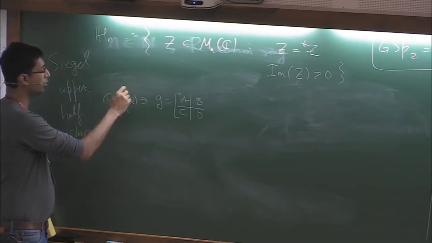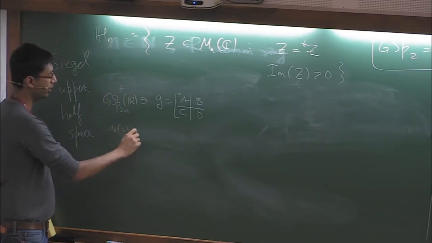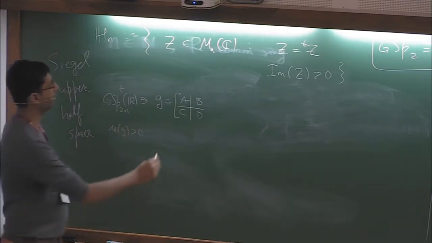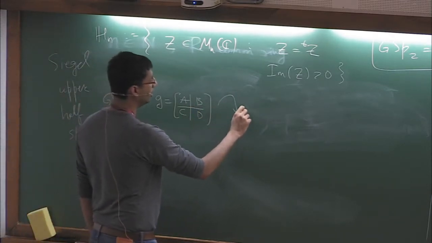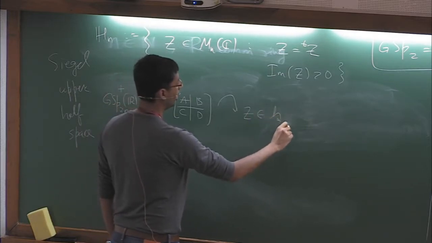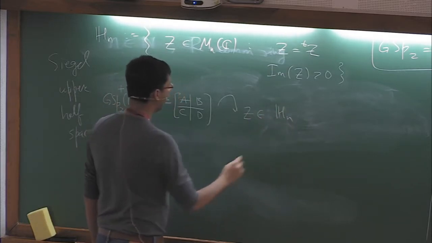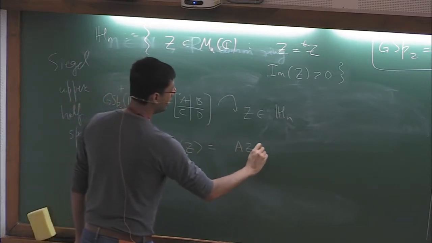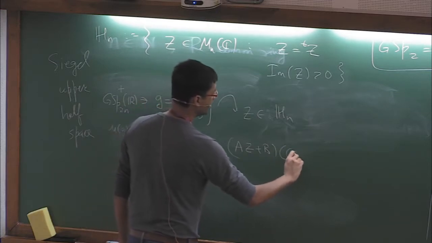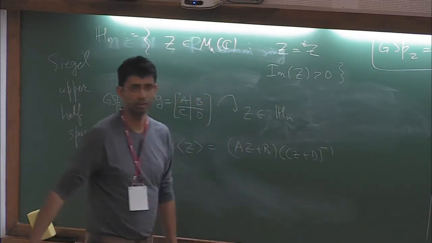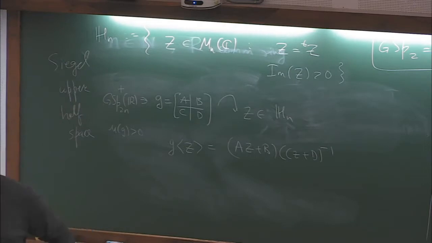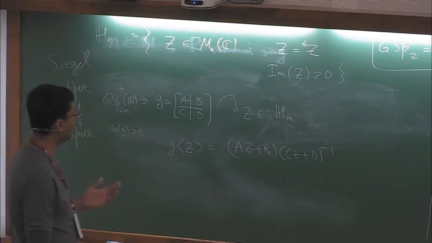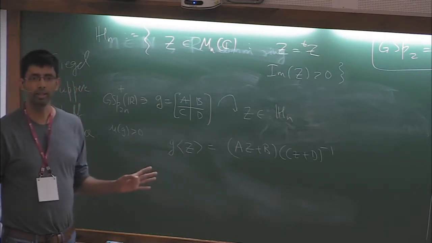I want those which have positive similitude, and I want to act on Z in H_n by the formula gz is (Az plus B)(Cz plus D) inverse. This is analogous to A tau plus B divided by C tau plus D, but now we have matrices, which means we have to work a little harder to make sure that this makes sense.